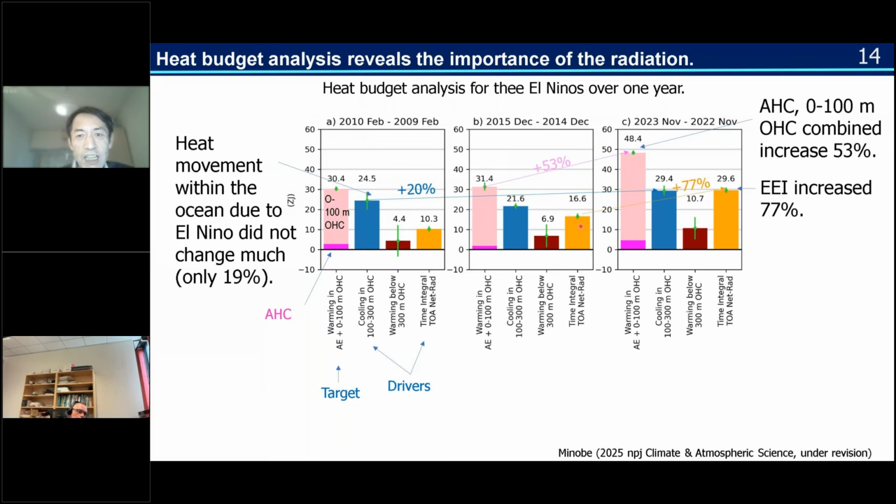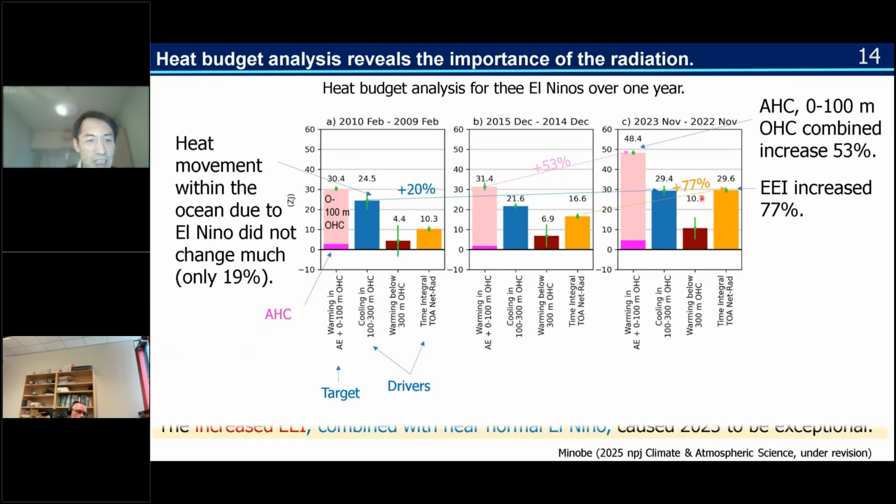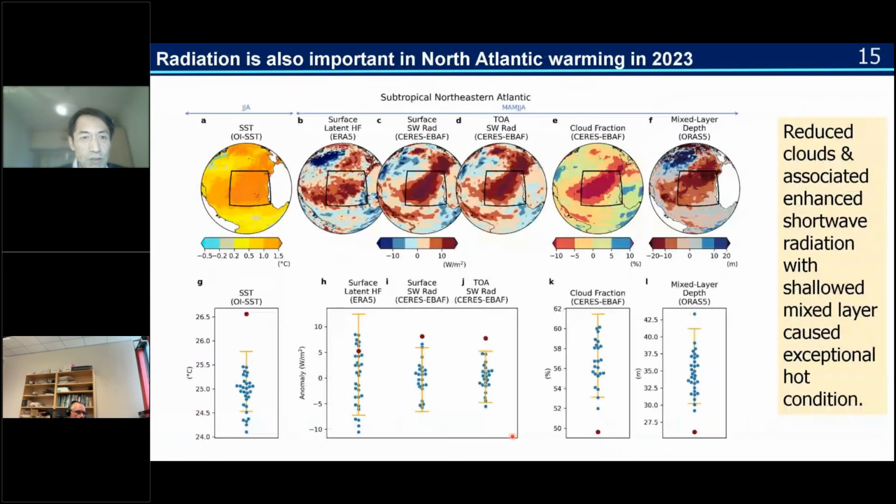So the El Nino condition is similar for the latest event, but the increase of the EI makes a difference between the previous events and the present event. So we can conclude that the EI combined with near normal El Nino makes 23 exceptional.